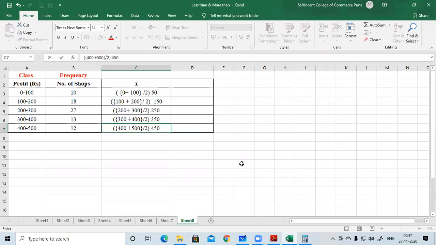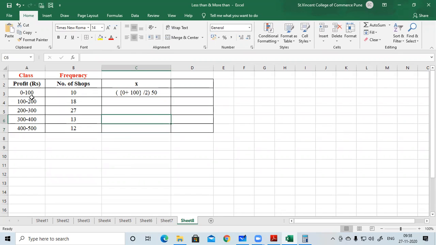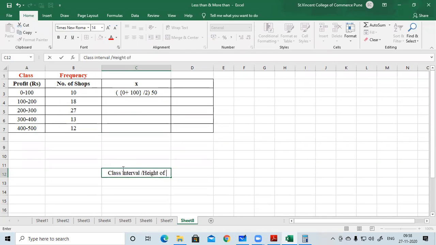Now, henceforth, we are not going to do it like this. The reason being, you do the first one. I'm just going to delete this to explain why. Do you remember studying class interval? Class interval is also known as height of a class, also known as length of a class, also known as width of a class.